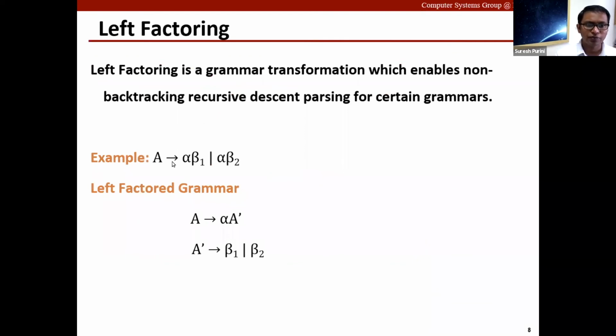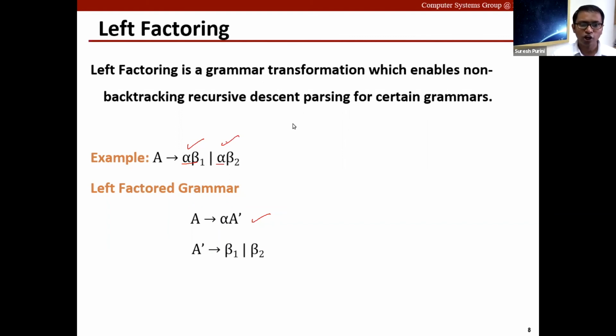So if you have something like two substitution rules with a common prefix, A goes to alpha beta 1 or A goes to alpha beta 2, alpha is the common prefix. So you take the common prefix out. This is the left factored grammar. So A goes to alpha A prime, and A prime can be beta 1 or beta 2.